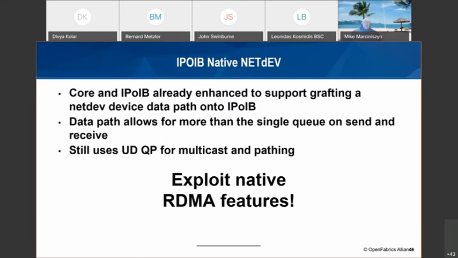So this data path is a tremendous boost to the performance by allowing more than a single queue on send and more than a single queue on receive. It still uses the UD QP and the rest of InfiniBand for multicast and pathing. So we said, let's get with what the community is doing and exploit these native RDMA features. So skip to the next slide.